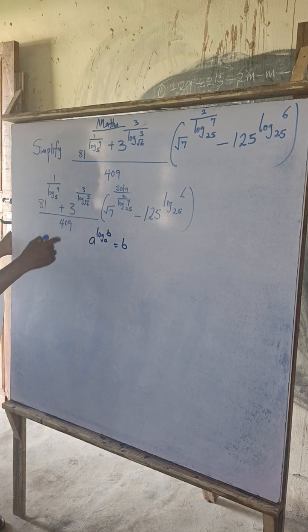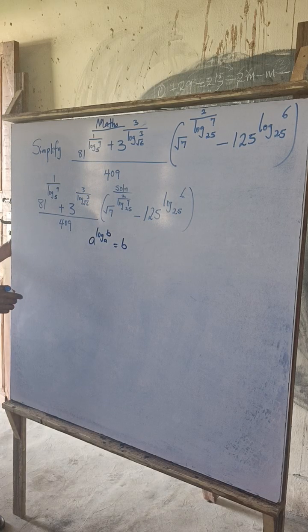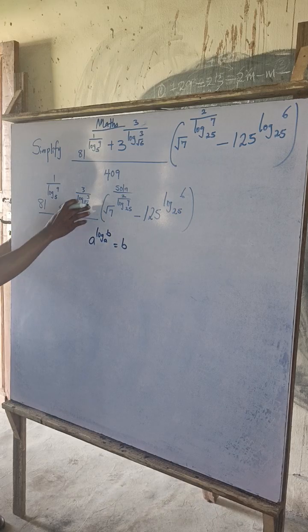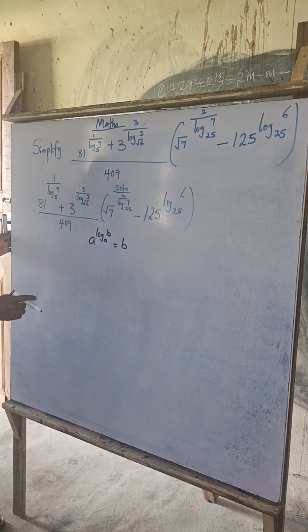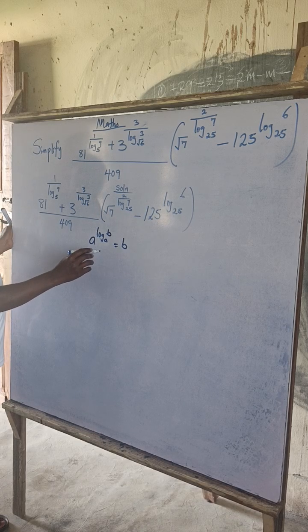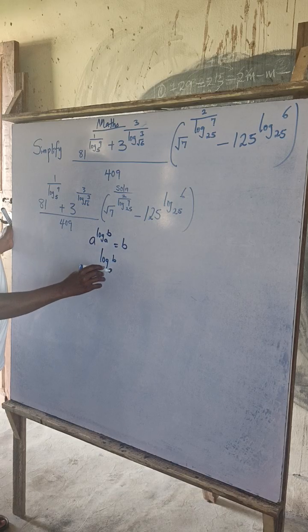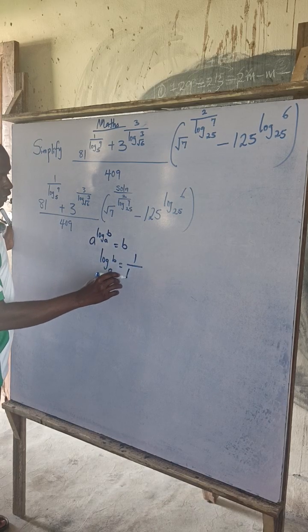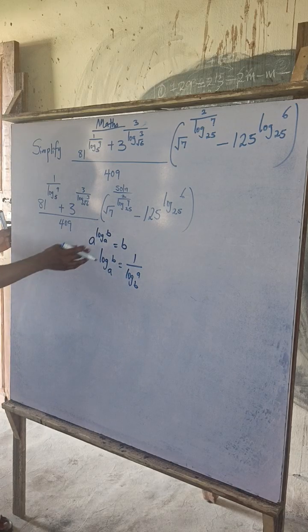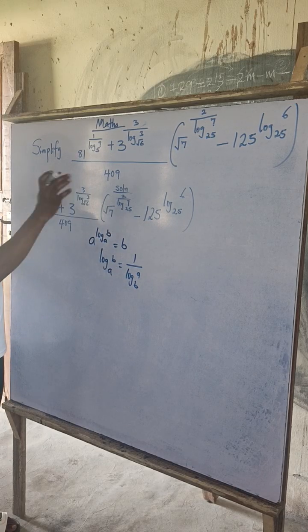This is a rule of log that we must know to simplify this. We are given 81, which can be written as a power of 9. There is another law: log of b to base a can be written as 1 over log of a to base b.